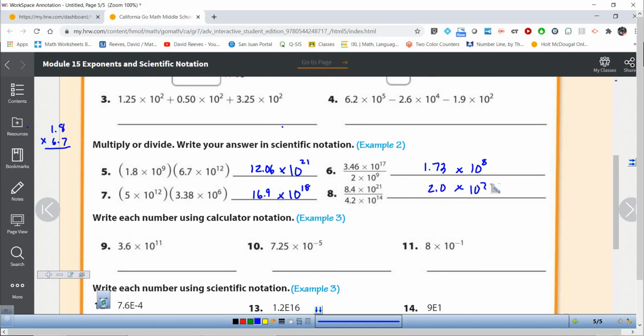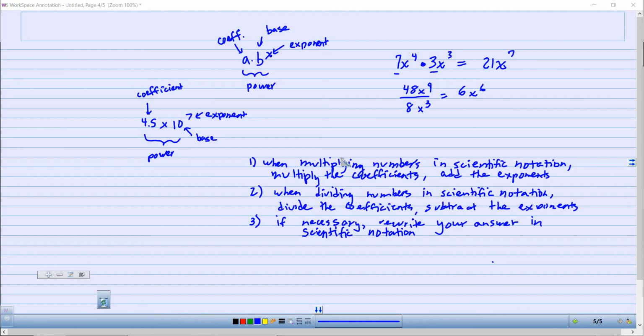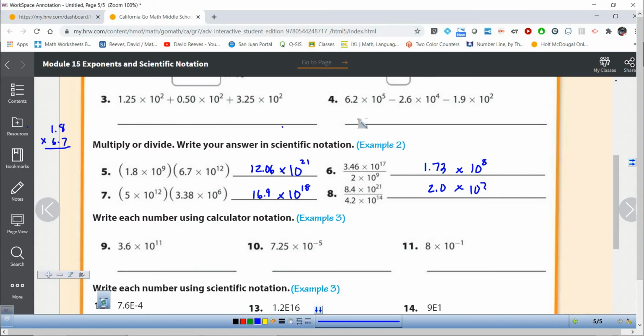Okay? All right, so when we take a look at these, if we go back to our notes, when multiplying numbers in scientific notation, multiply the coefficients and add the exponents. We did that. When dividing numbers in scientific notation, divide the coefficients, subtract the exponents. We did that. But here's this third step. If necessary, rewrite your answer in scientific notation.